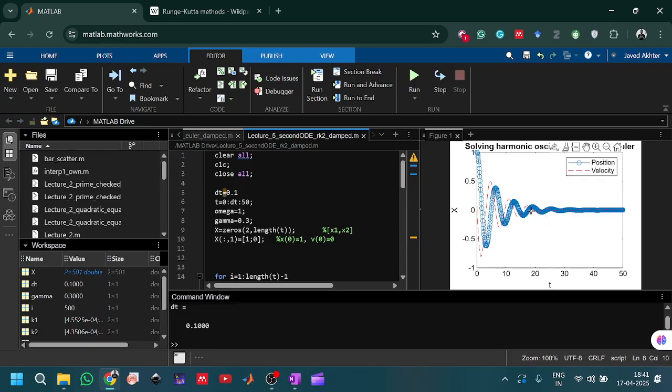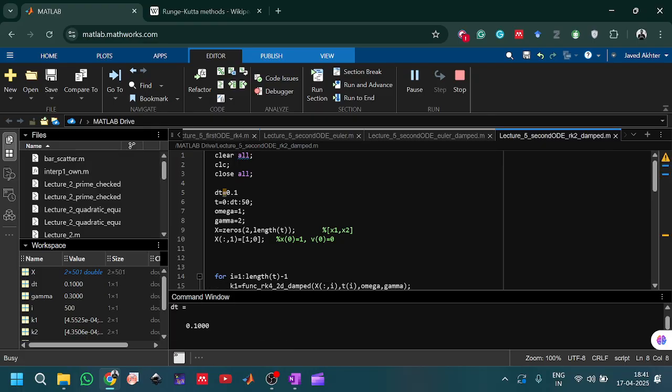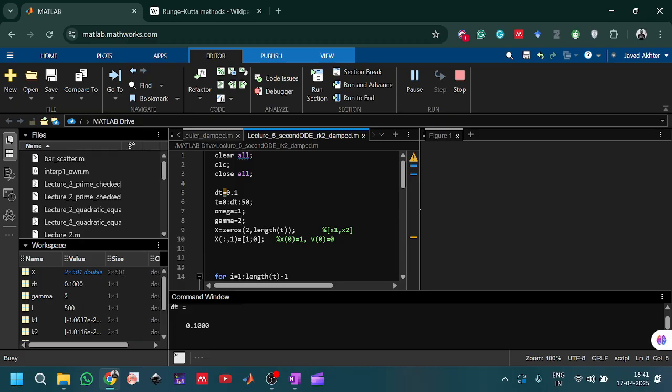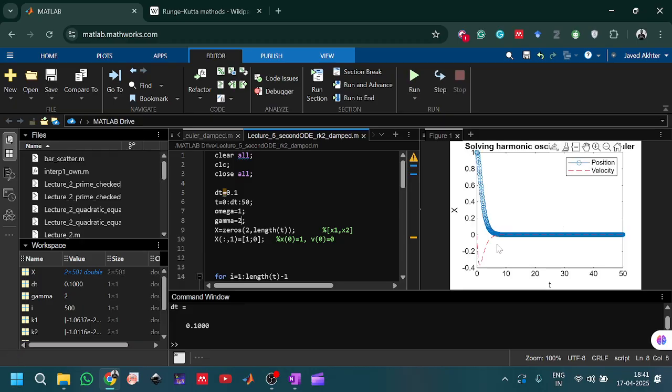You can see that it is changing, so try to play with it more. Maybe gamma larger than omega. We know that for position we have different cases: over damped, under damped, and critically damped.